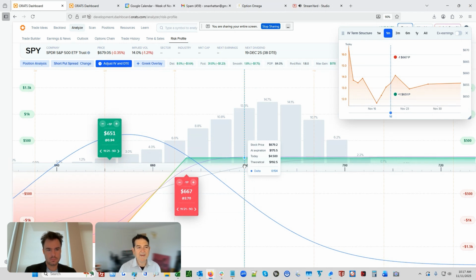That's what we're teasing out, that we'll have in the coming weeks or months, the ability to really see your overall position, because sometimes you don't know.